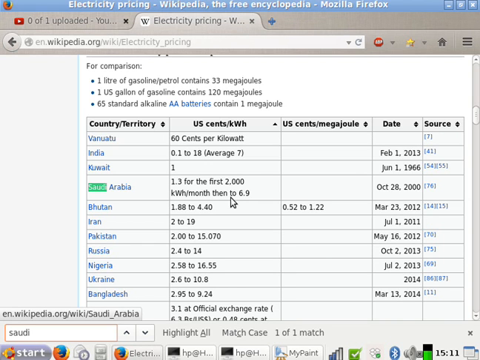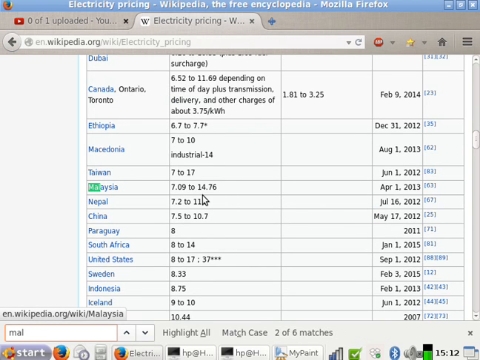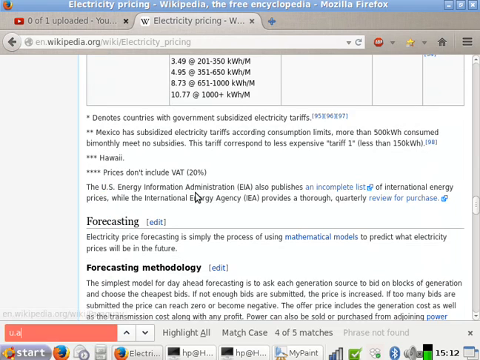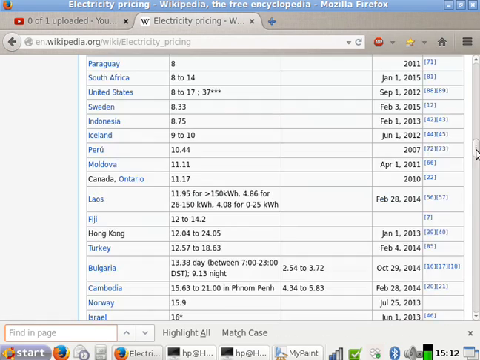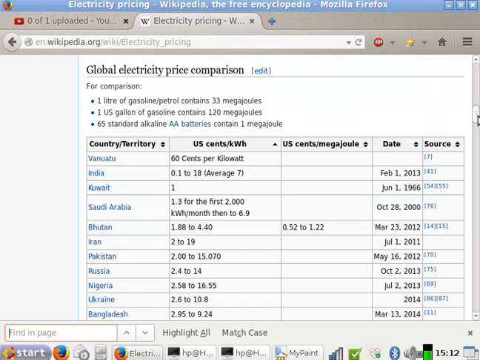Okay. Any other countries we want to look at? What other students do we have? Malaysian? Not too bad. What country is that? The first country? 60 cent? I've never, what's this place?